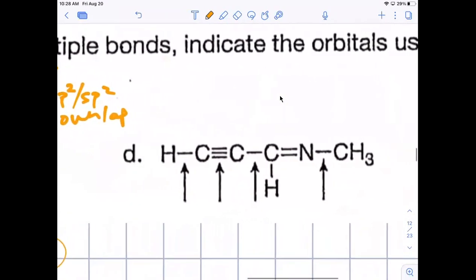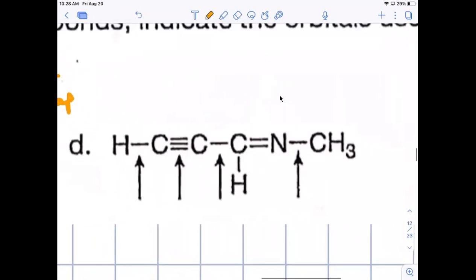All right, let's see if we can run through this one real quick. So you got the nitrogen, carbon, sigma bond. Somebody help me out with that one. Look at the nitrogen and tell me what the hybridization state is. Let me put the lone pair in too, so that might help you. What's the hybridization state of the nitrogen? It's sp2.